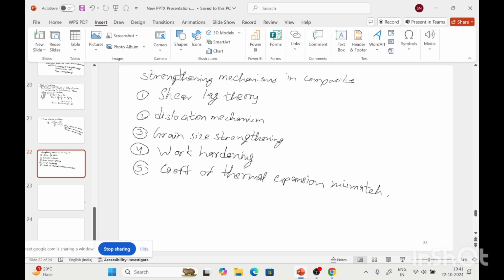So the shear lag theory depends on the fiber length in the discontinuous fibers.